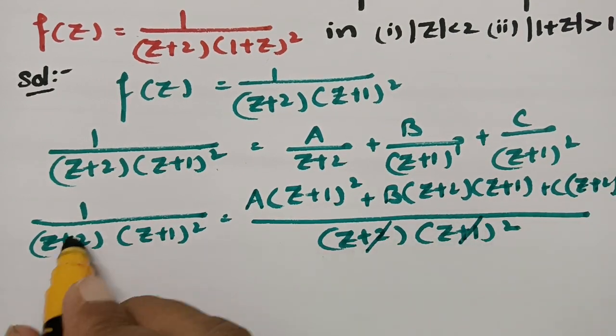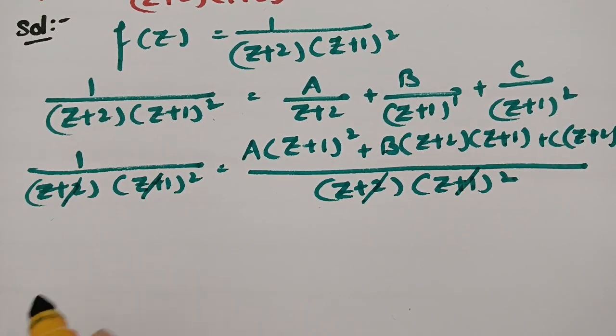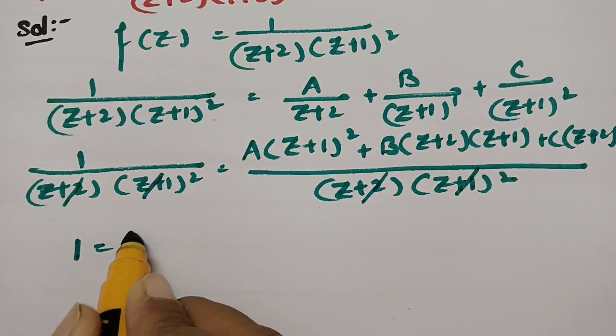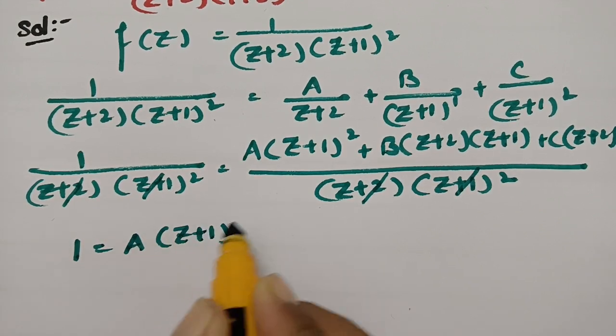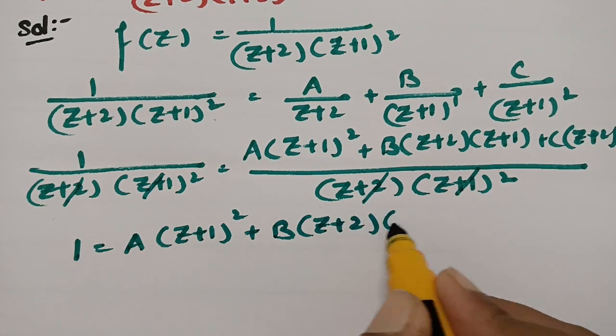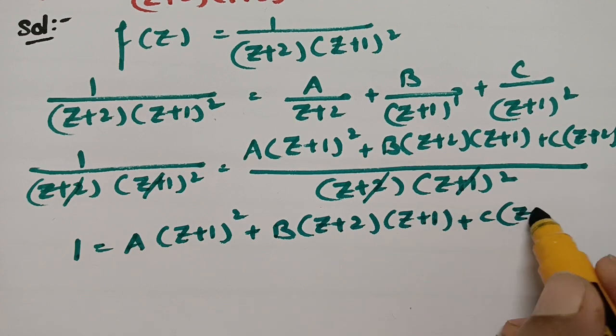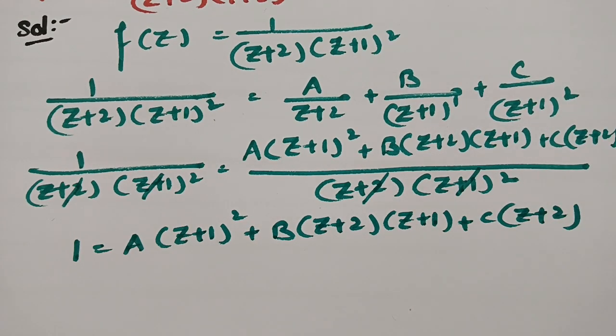Now I can cancel the denominators on both sides. Now the equation here is 1 is equal to a times (z plus 1) square plus b times (z plus 2) into (z plus 1) plus c times (z plus 2). Clear?